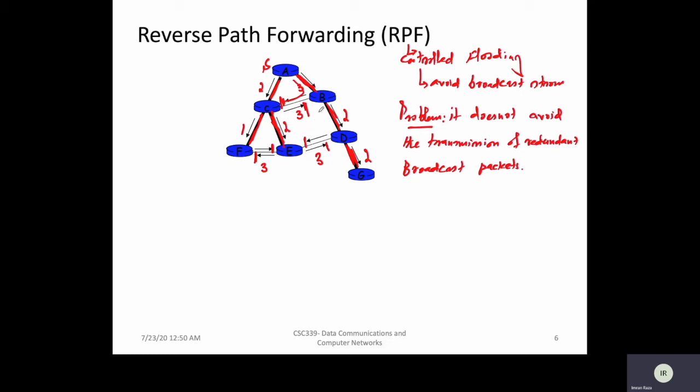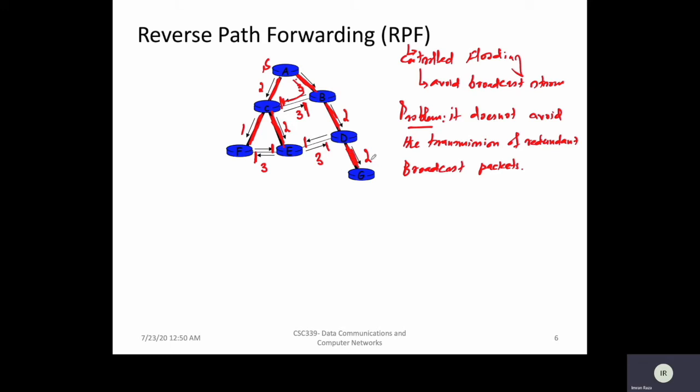So this means we need to come up with a solution. What if we only forward packets along this path, the highlighted path, right? So the packets will only be forwarded through this highlighted path, and a machine will not forward a packet other than on the highlighted links, right?